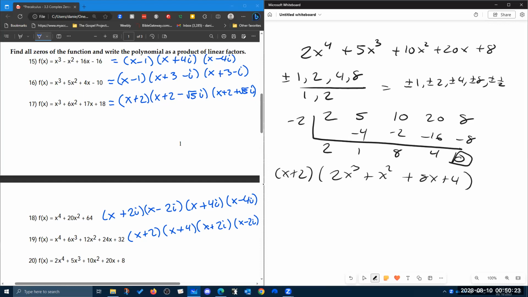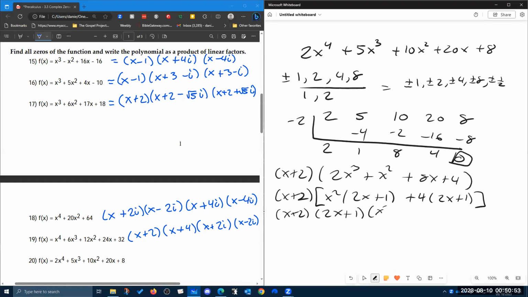I'm going to be able to factor by grouping now. x plus 2 times 2x plus 1 times x squared plus 4.